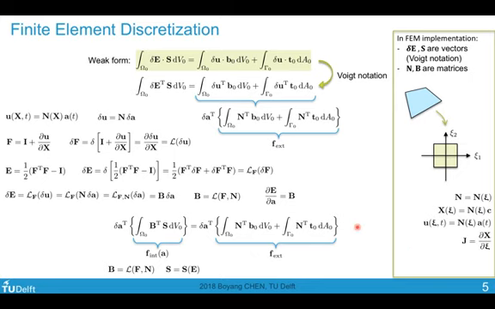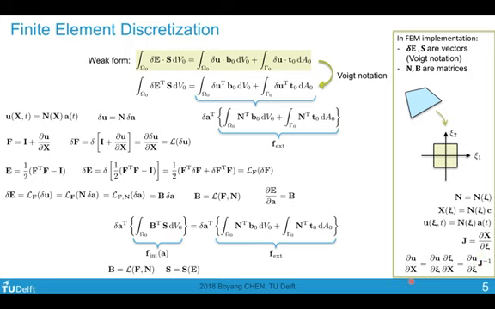Then we can find the Jacobian, which is partial of capital X over partial of psi, and we use this Jacobian to calculate any partial derivative with respect to capital X. Whenever we want to calculate the partial derivative of something with respect to capital X, we first calculate its partial derivative with respect to psi, and then multiply with the inverse of the Jacobian, and then we obtain what we want.